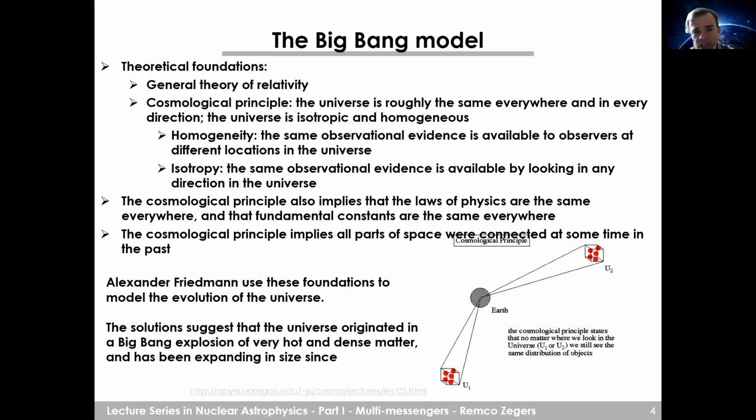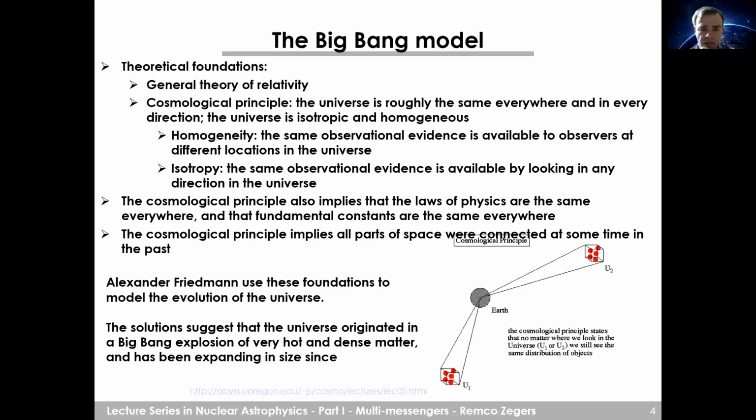This homogeneity and isotropy have important consequences, because the observational evidence is available to observers at different locations in the universe, and the same evidence is available by looking in any direction. This principle also implies that the laws of physics and the fundamental constants are the same everywhere. If that were not the case, things would be very difficult to figure out.